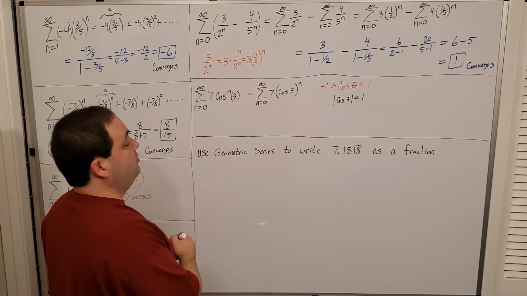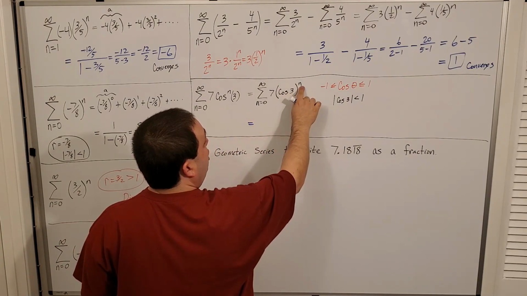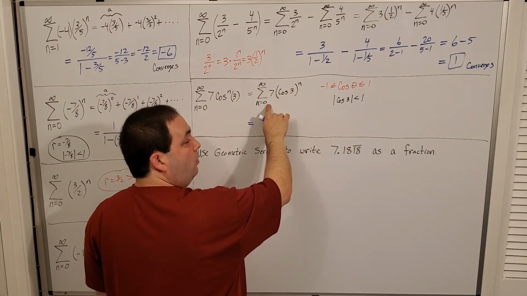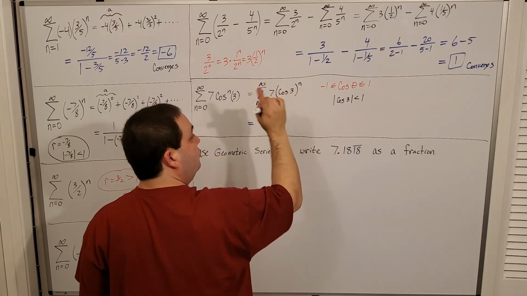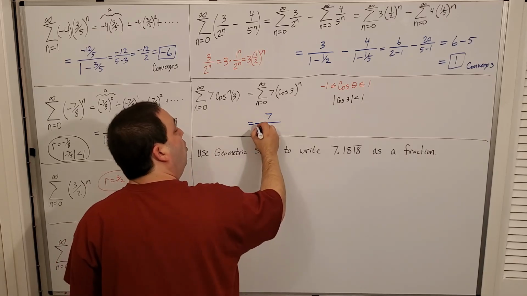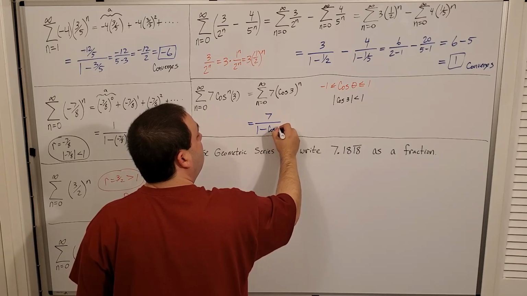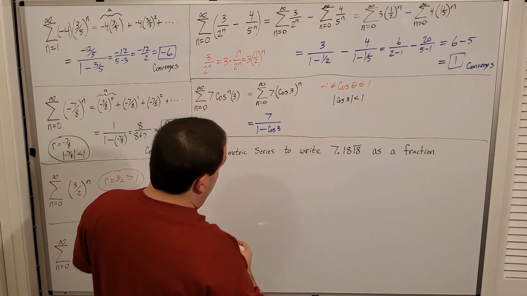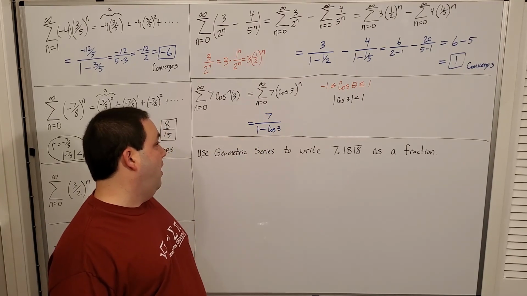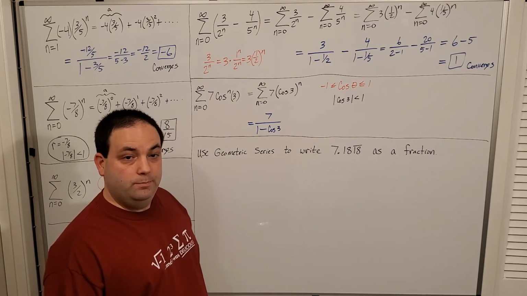That's an interesting question. It equals, my first term here is going to be 7 times cosine 3 to the 0. Cosine 3 to the 0 is just 1 times 7. So I have 7 over 1 minus my r, which is cosine of 3. Now in some places, this would be a perfectly fine way to leave this if you wanted to leave it in an exact form.